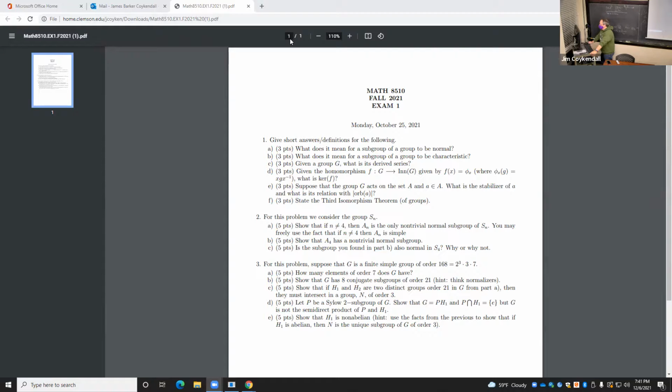So these are all conjugates of the group of order 21, which means, I think I see what I'm doing here. I'm just going to wrap my head around it.